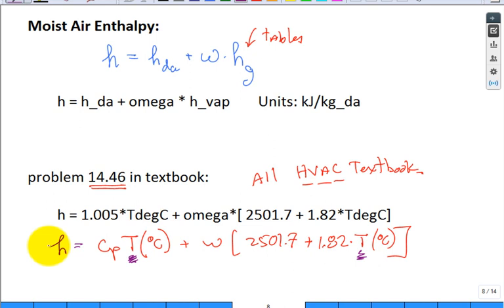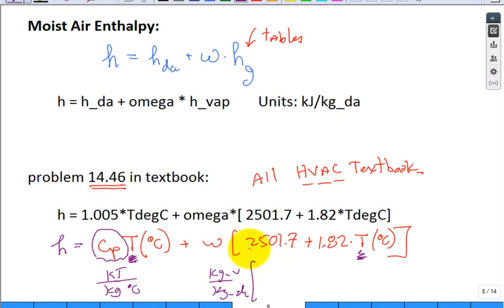Where do the units of degrees C go? That's a lot of times just what happens in engineering. If you wanted to, you could work out that this C sub P has units of kilojoules per kilogram degrees C. Omega is dimensionless, or you could put kilograms of vapor per kilogram of dry air.